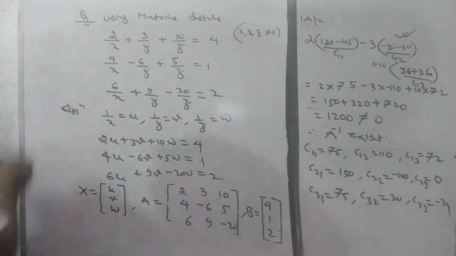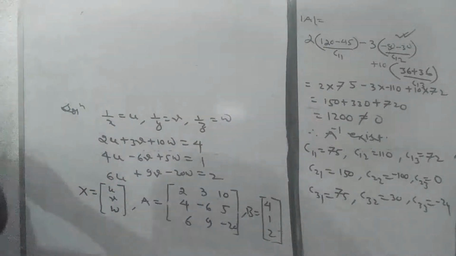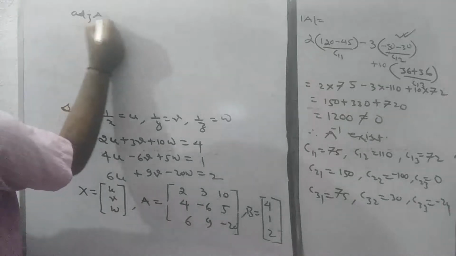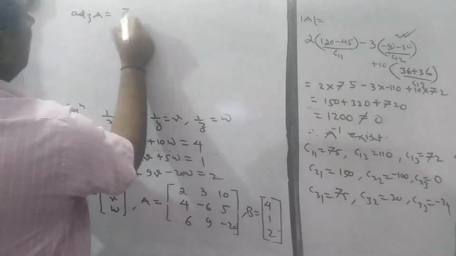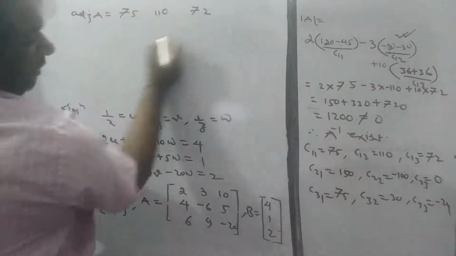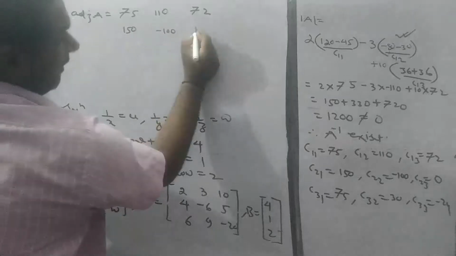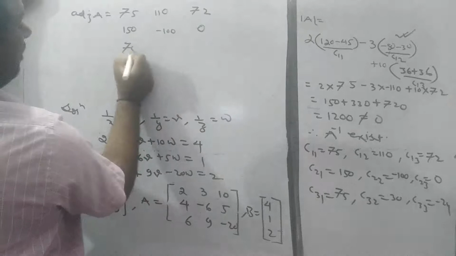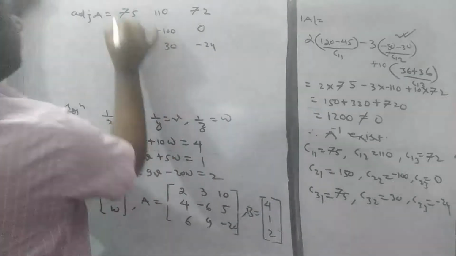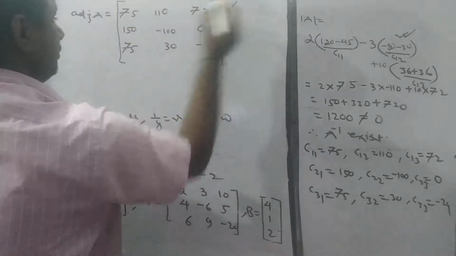So the next step is to find the adjoint of A. Adjoint A is equal to 75, 110, 72; 150, -100, 0; 75, 30, -24, and its transpose.